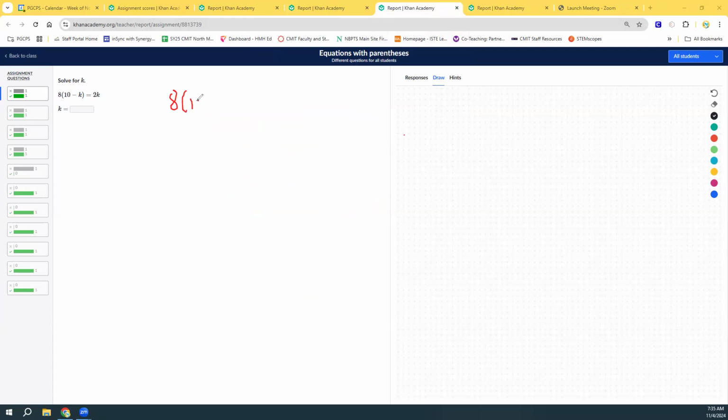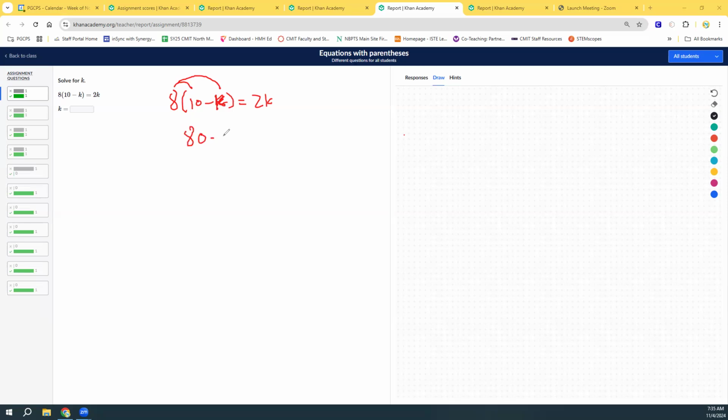8 times 10 minus k equals 2k. So everything I've been doing stays the same. Just the first step now is to distribute. So I know in the two-step equations you could divide to start, but going forward, it's going to be a lot easier if you distribute.